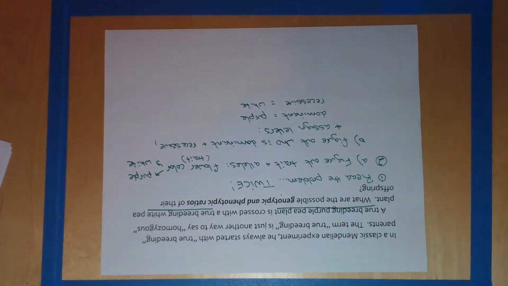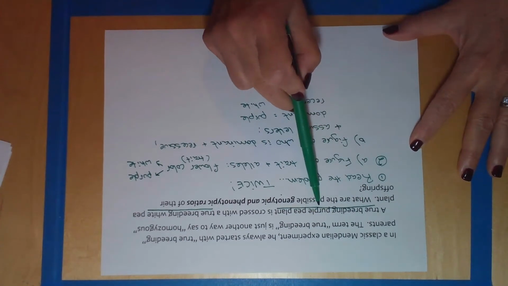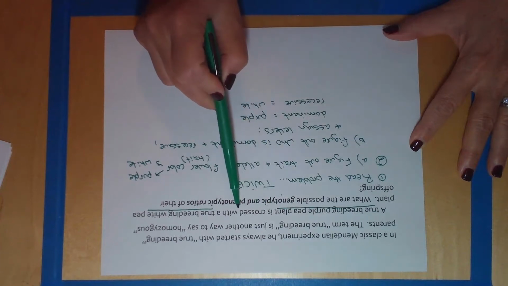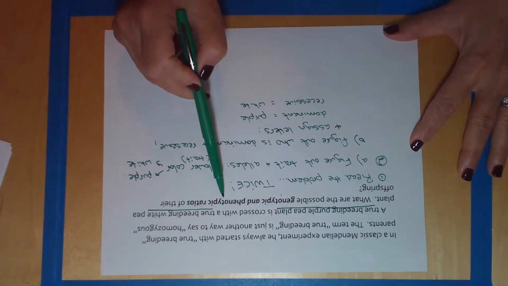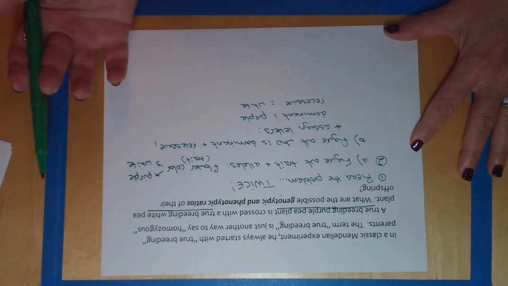Well, after many, many years of doing all these problems, I basically remember. You also may be given this information in the problem, or there may even be a chart. In the lab, there's a chart that gives you these characteristics, the traits, and who's dominant and who's recessive. It may be that the question reads, a true breeding purple pea plant, which is dominant for flower color, is crossed with a true breeding white pea plant, the recessive color.